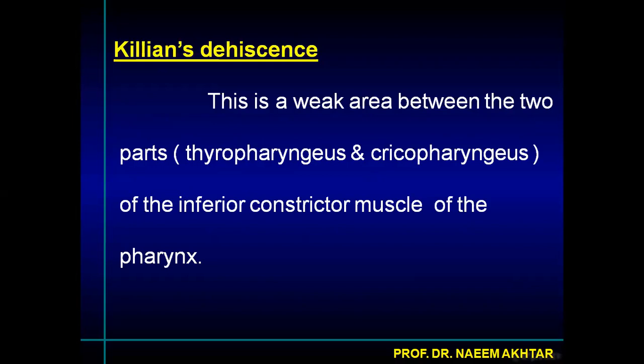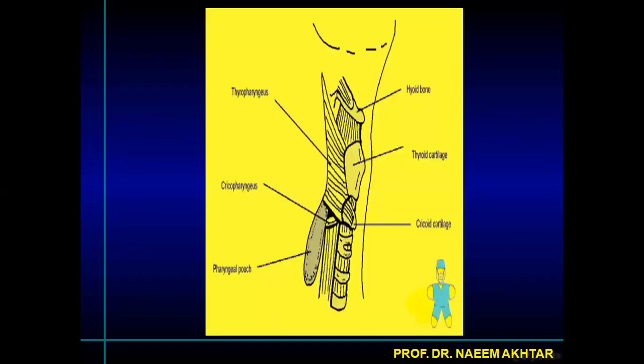What is Killian's dehiscence? Killian's dehiscence is a weak area between the two parts of the inferior constrictor muscle of the pharynx. This inferior constrictor muscle of the pharynx consists of two parts, thyropharyngeus and cricopharyngeus. Between these two parts of the inferior constrictor muscle, there is a weak area which is called the Killian's dehiscence.